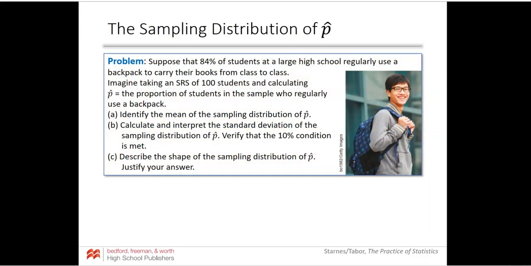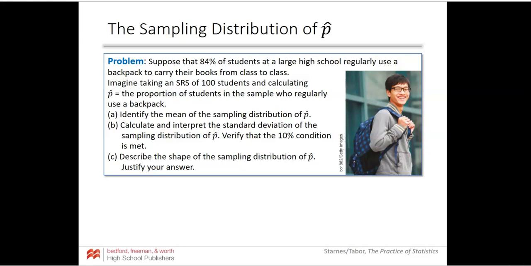Sampling distribution. Suppose that 84% of students at a large high school regularly use backpacks to carry their books from class to class. Imagine taking a simple random sample of 100 students and calculating a p-hat of who uses a backpack. So identify the mean of the sampling distribution of p-hat. The mean would be 0.84. It's pretty obvious.